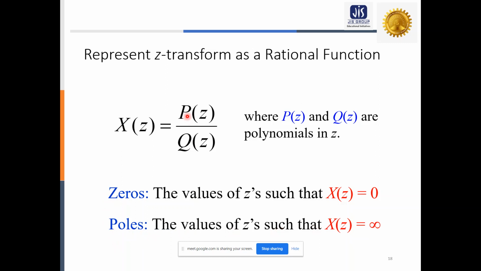In which case will the infinite come? If Q(z) is 0, then something by 0 is infinite, and for zeros, if the upper term or numerator is 0, then X(z) will be 0. So the upper one is for zeros and the lower one is for poles.